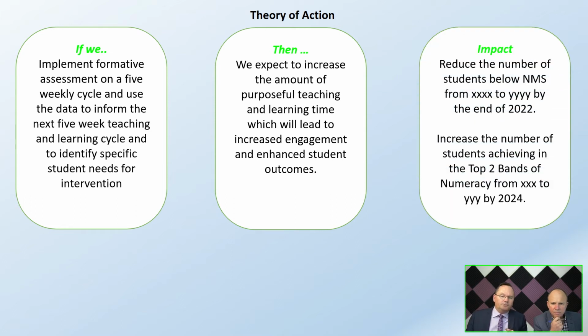Now, we've pulled out 2 possible impact measures. So reduce the number of students below national minimum standard from something to something else by the end of 2022. And also to increase the number of students achieving in the top 2 bands of numeracy from something to something by the end of 2024. You'll notice, James, that we've chosen 2 different years, which is perfectly fine. They don't have to be aligned.